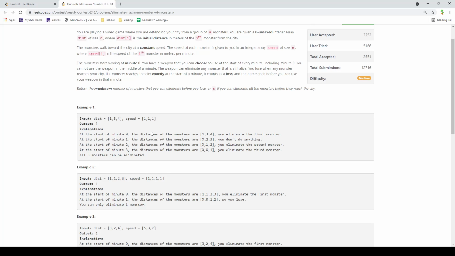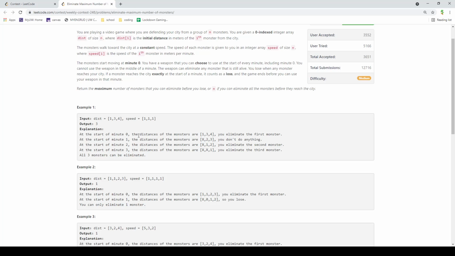So we have to kill it before minute 1. So that's at minute 0. And every minute we can kill 1 monster. So in this monster, 3 divided by 1, that means at minute 3, this monster will reach our city. So we have to kill it at either minute 0, 1, or 2, and so on.